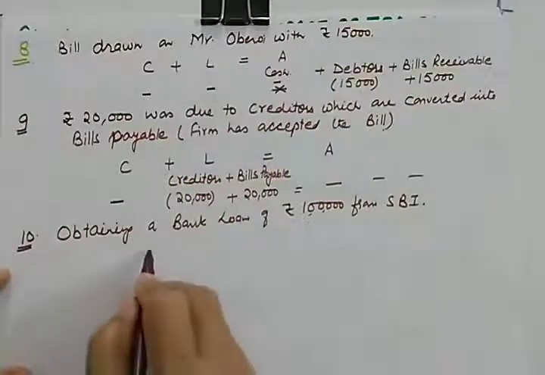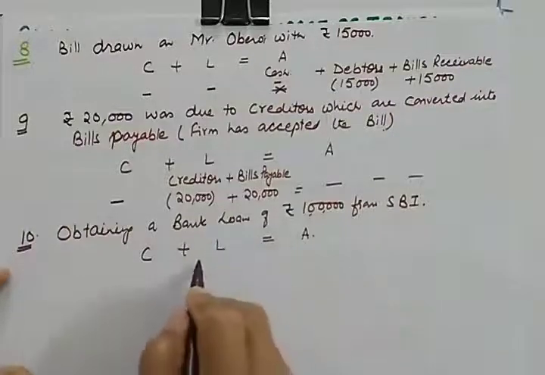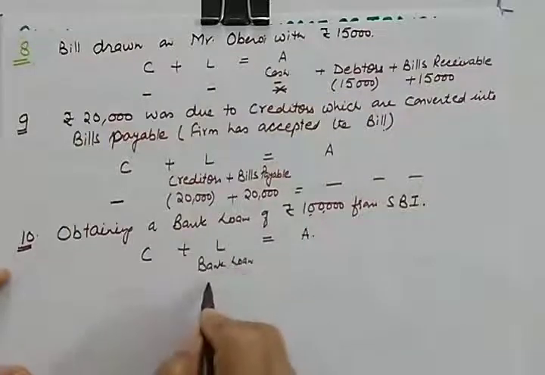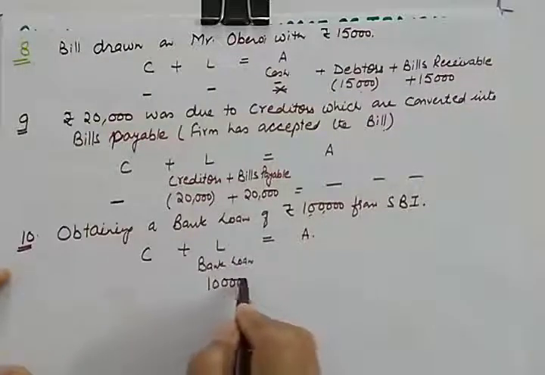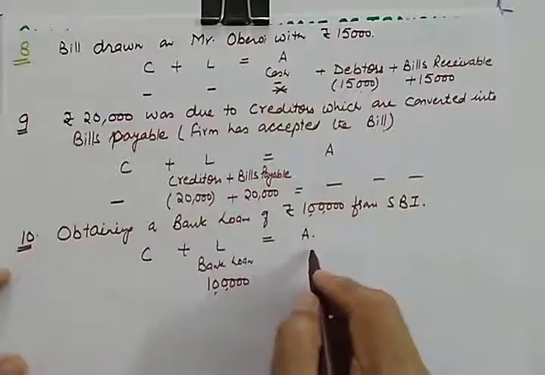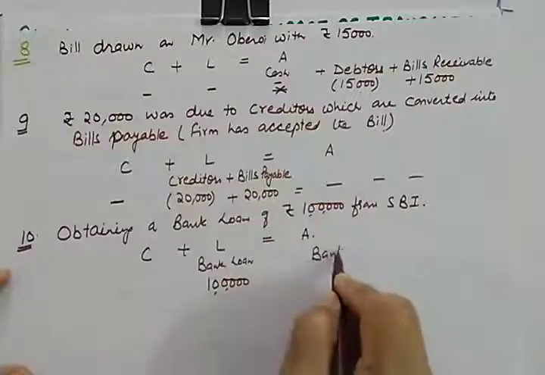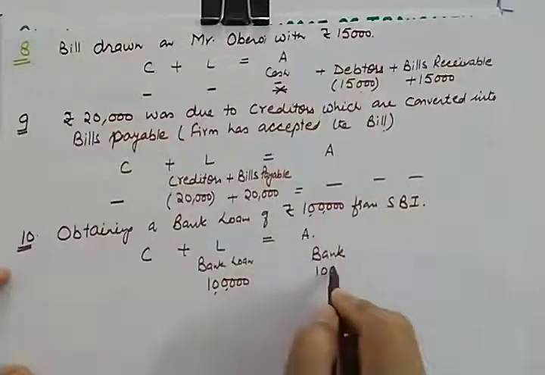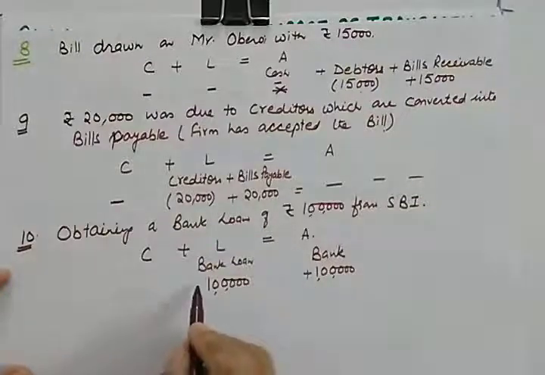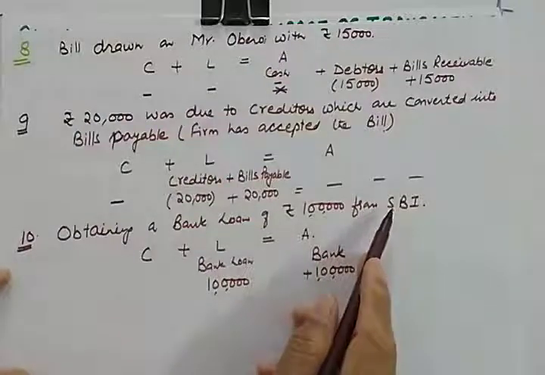When you take loan from bank, C plus L is equal to A. Number one, your bank loan on the liability side will increase by 1 lakh, and on the asset side, see what will happen on the asset side? On the asset side your bank balance will also increase by 1 lakh. So this is the change when you obtain bank loan from SBI.